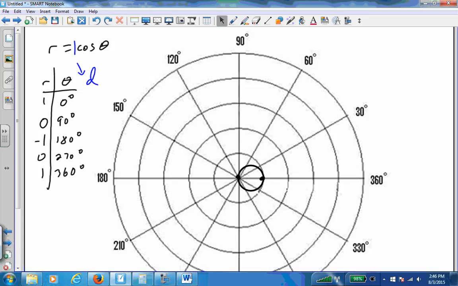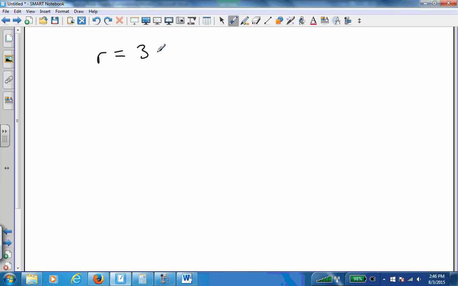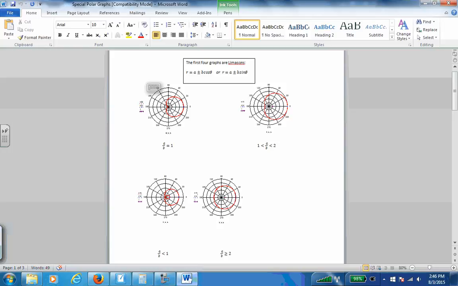So if we want to graph something, for example, r equals 3 minus 2 sine theta. Anything that's of the form r equals a plus or minus b sine theta or cosine theta, either one.